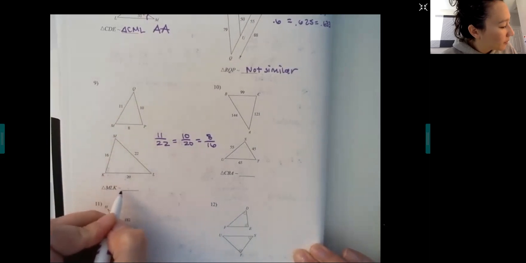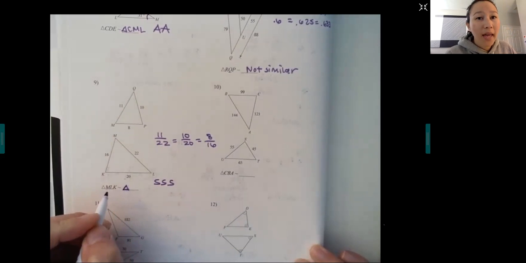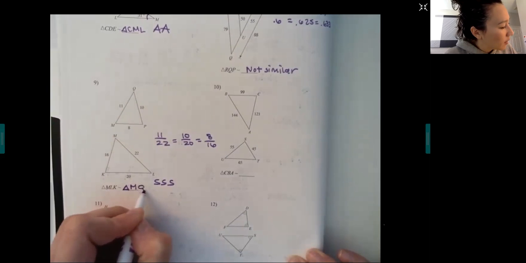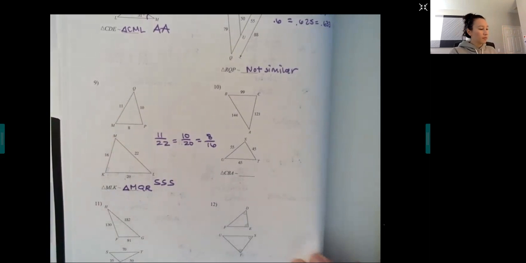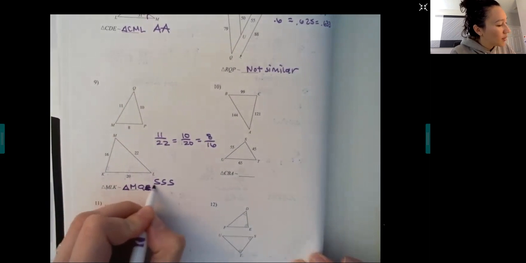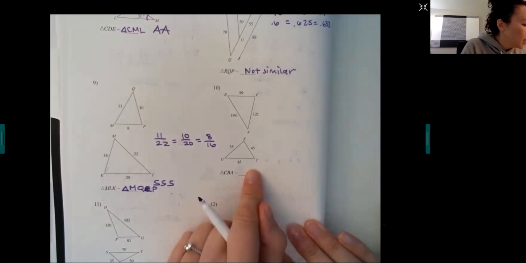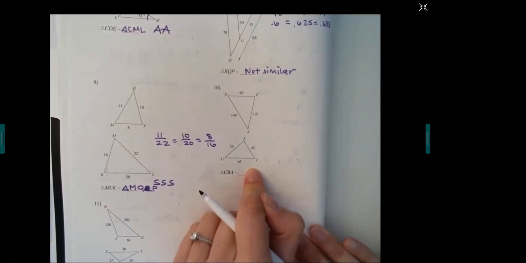Yeah, when I divided each of them, they all equaled 2, so it's side. Yep. So MLK is similar to MQP. Oops, that's not a P, MQP. Very good. And then you weren't sure about 10? No, I wasn't sure about 10.